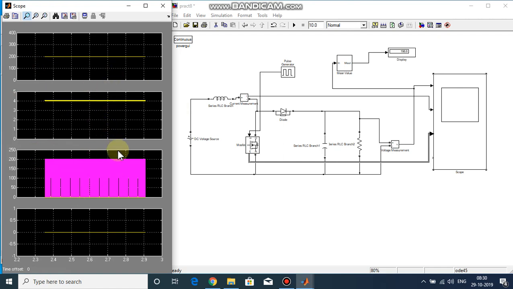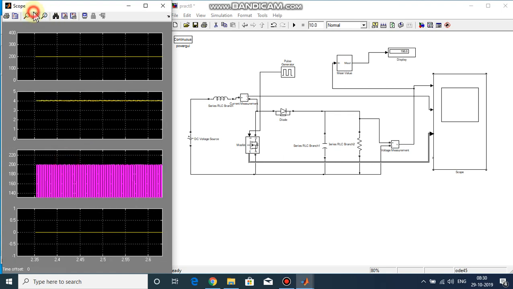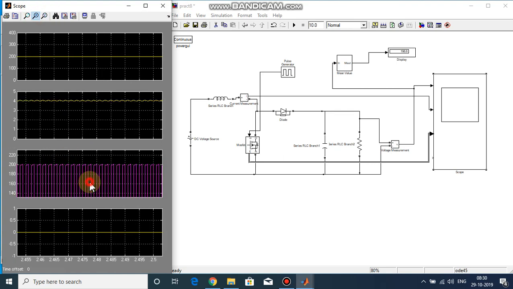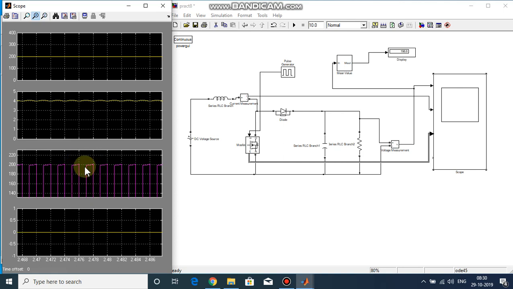So this is how this circuit would perform in real life, and these are the MOSFET parameters. This is the current flowing through the MOSFET at a given time.